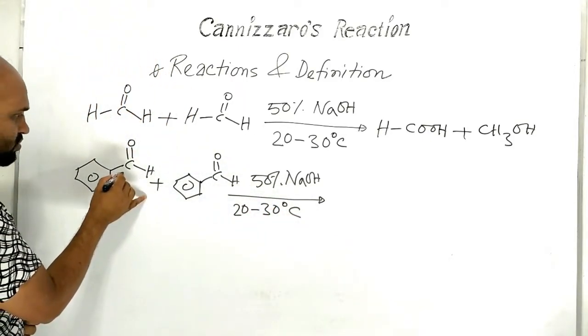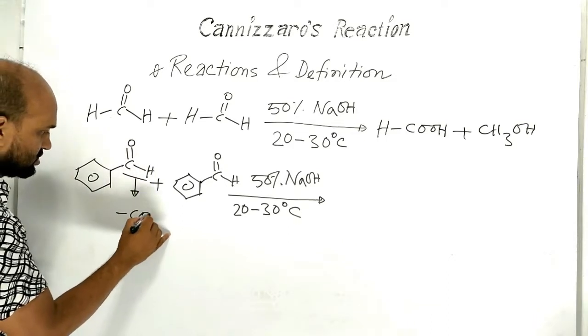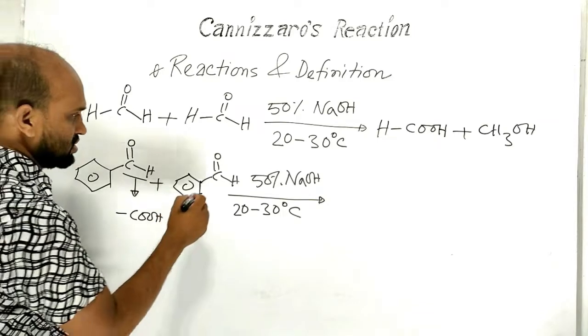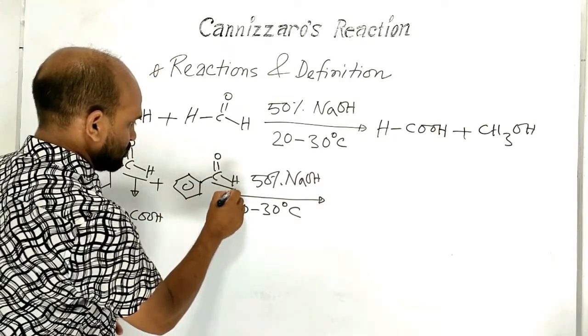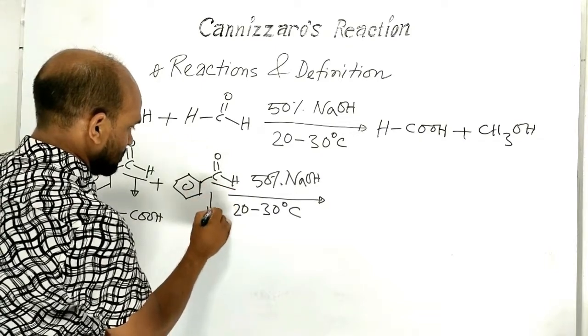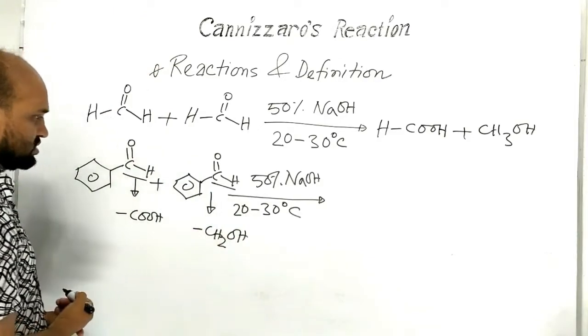One molecule of aldehyde converts to carboxylic acid, and the aldehyde group of another molecule turns into an alcoholic group like this.